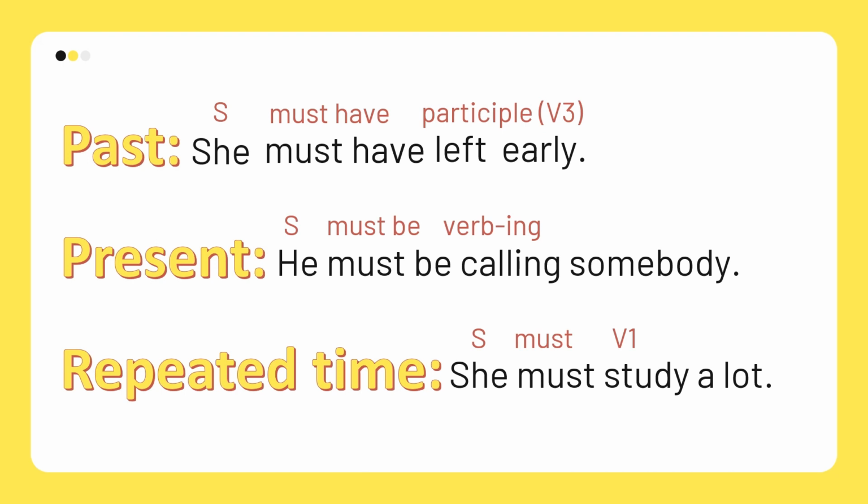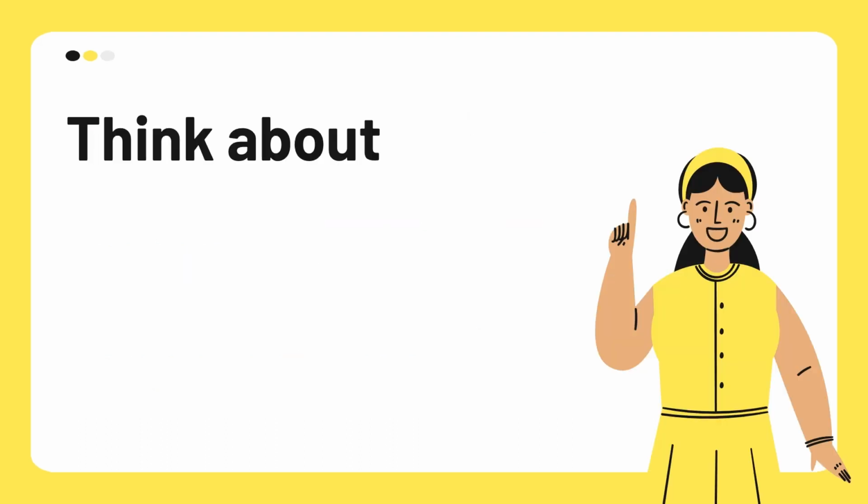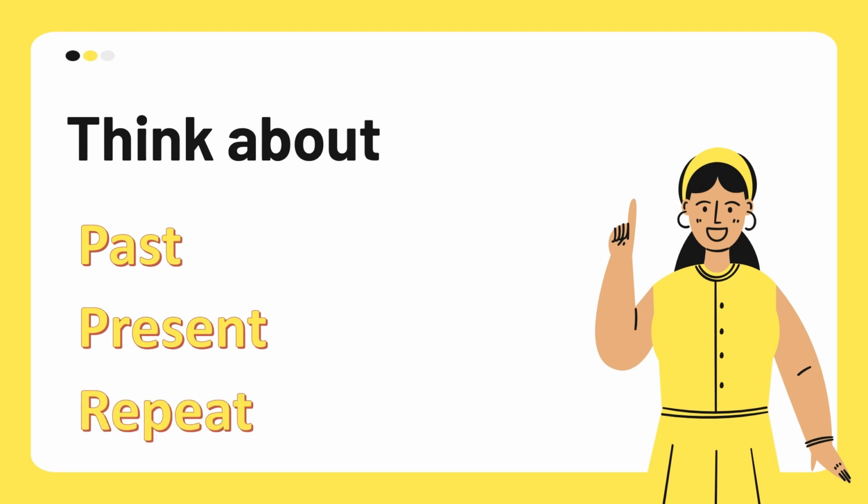Different time, it will need different modals followed by different verbs. So think about if it is a logical conclusion about something in the past, or something at the present, or something that repeats, because each of them has a different structure.